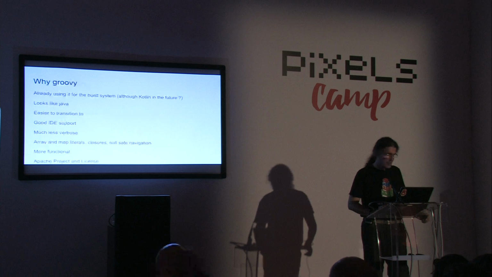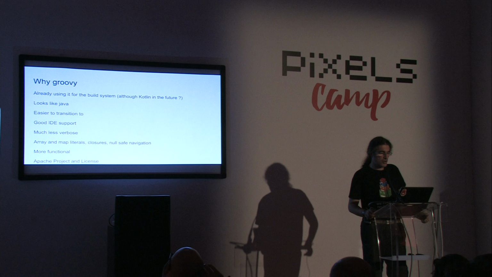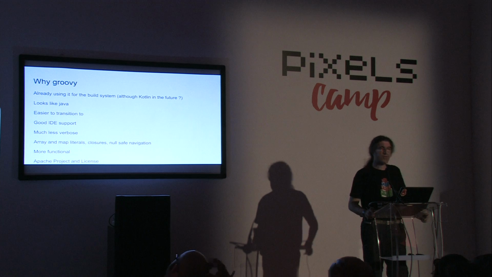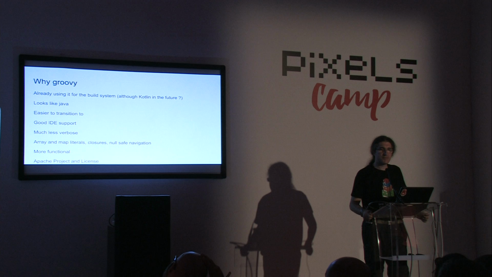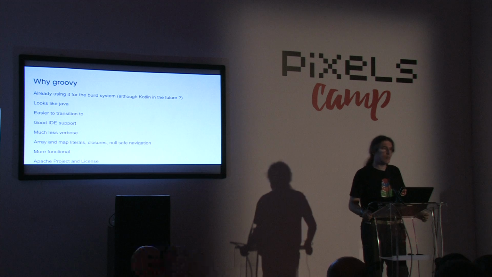So why Groovy? You might know that you're already using it for the build system, although it's a DSL. It's built upon Groovy. JetBrains is pushing for a Kotlin implementation, so we'll have to see that in the future. But they themselves say that Groovy isn't going away anytime soon.